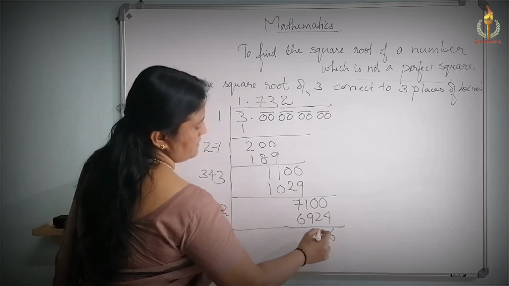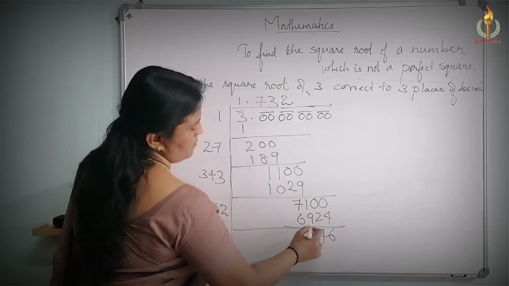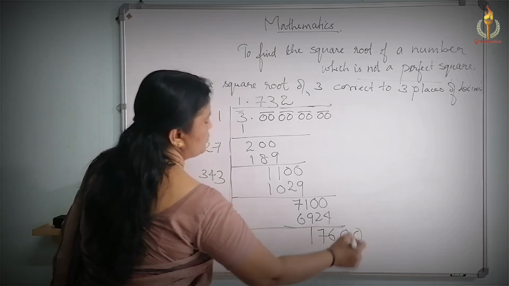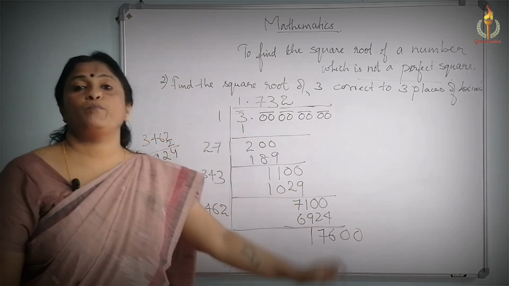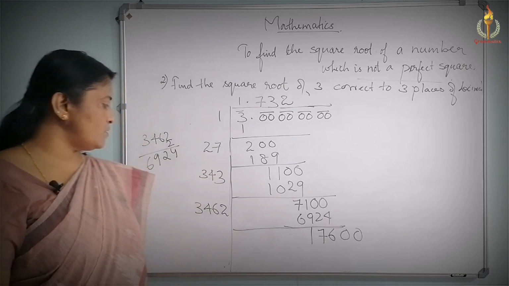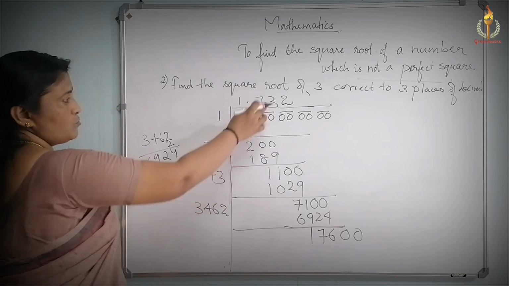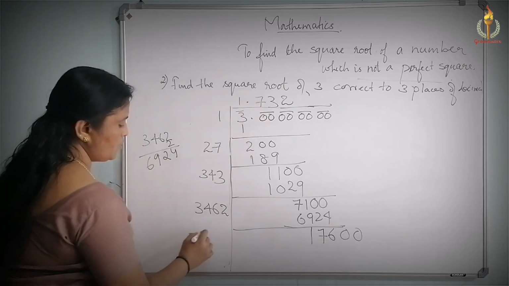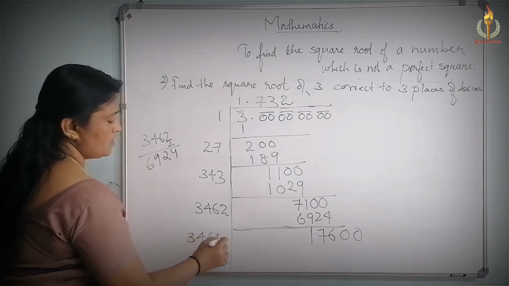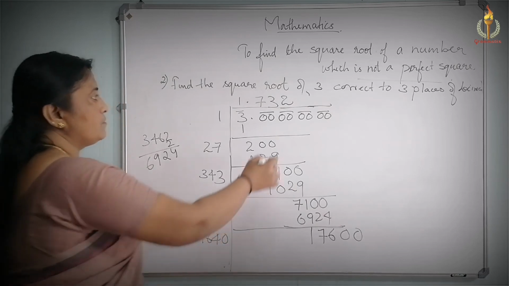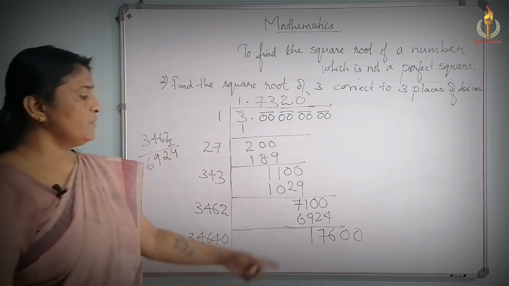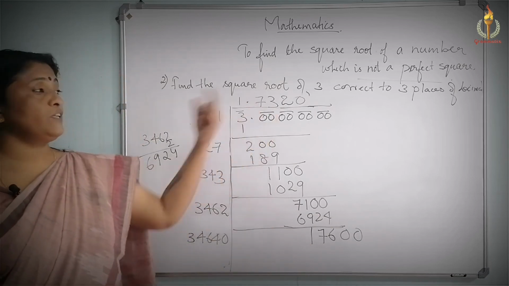It is 6 7 1 0 0. The last zeros we put down. So 17600. So here 3462 plus 2 becomes 3464. So obviously you have the only term, that is 0 will be coming here, and that's enough. You need to find out that.